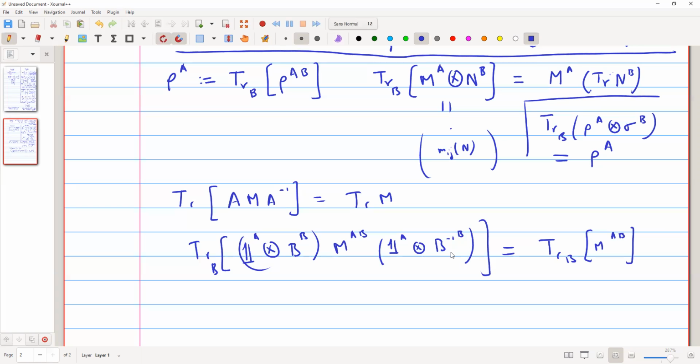Now you multiply this out. This is a new matrix in the new basis on the system B. And if I do partial trace, I trace out B, same result as before. You can sit and check this.